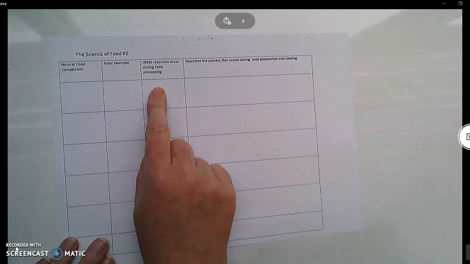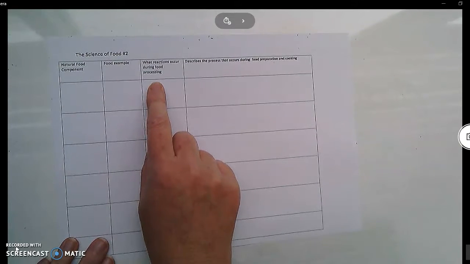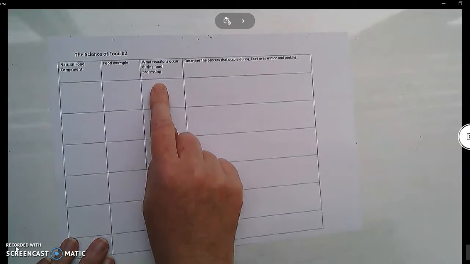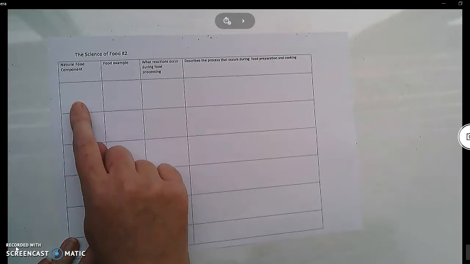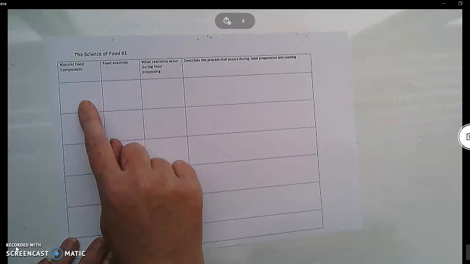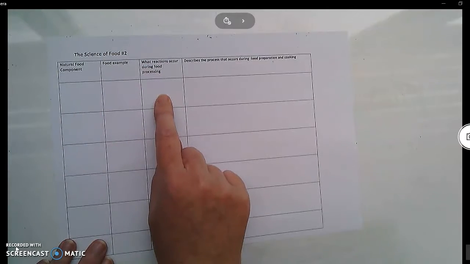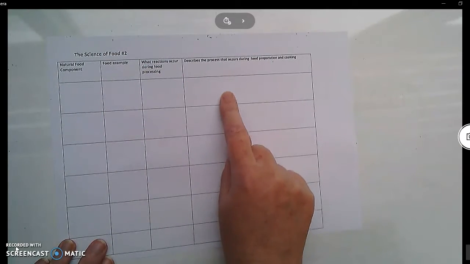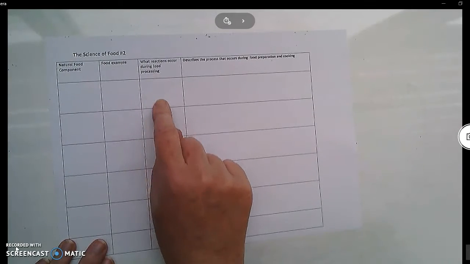Okay? Now, in your textbook on page 67, there's a really good table of all the processes that happen. So you need to know what process goes with which natural food component and what are the conditions that need to happen for that process to happen. So you would write about that here. So for example, with starch, there's two processes that happen.